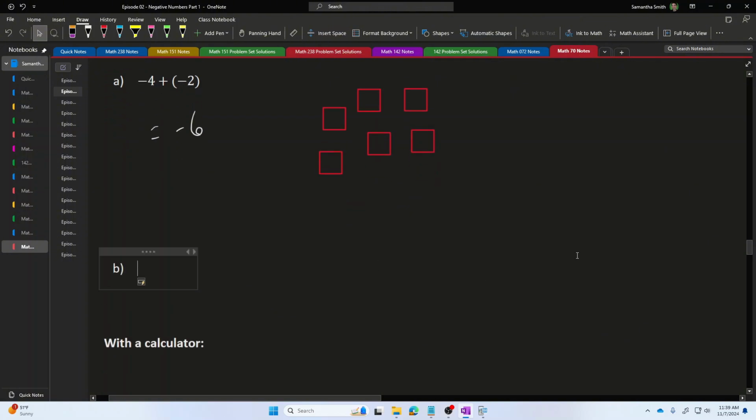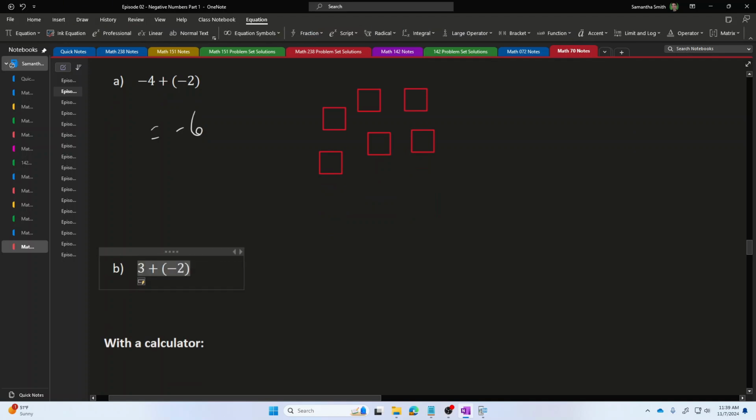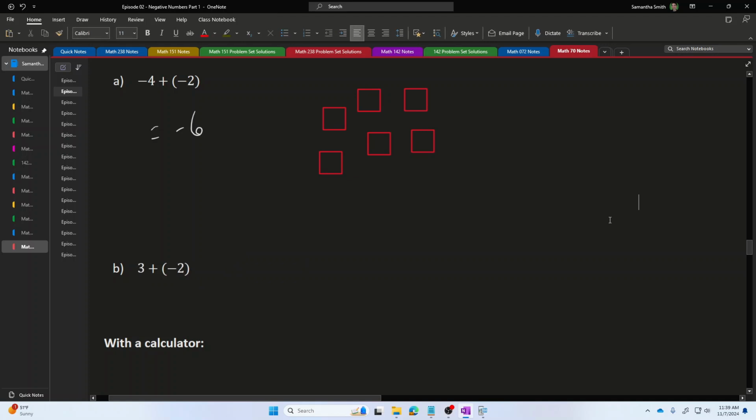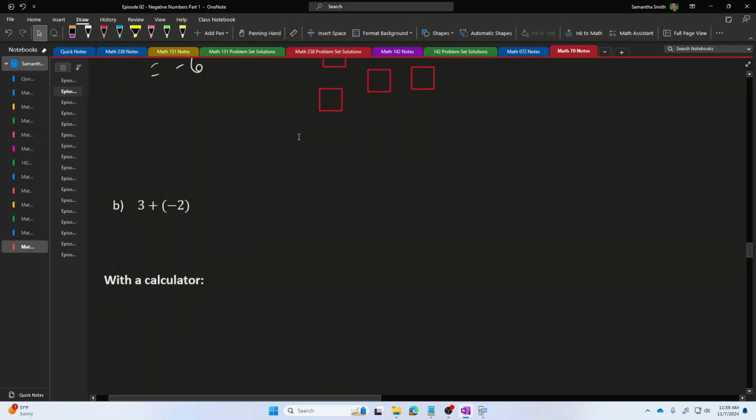Now, what if I had instead 3 plus negative 2? If I wanted to calculate 3 plus negative 2 using tiles, how would I do that? So in this situation, I would have a pile of, say, 2 red squares.